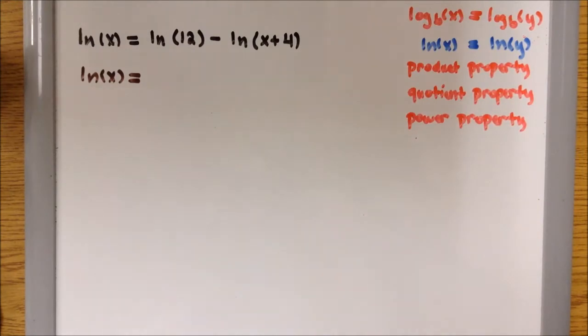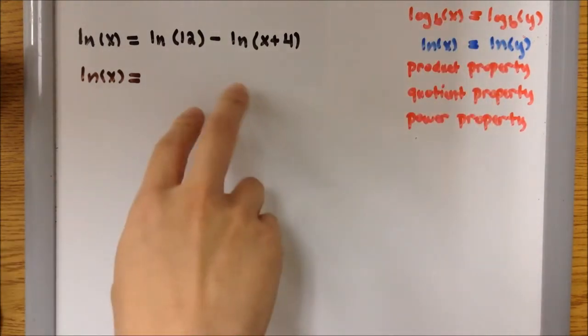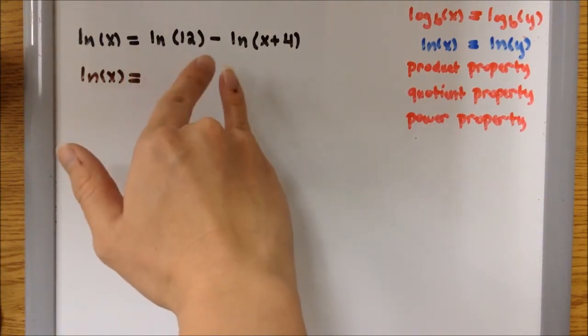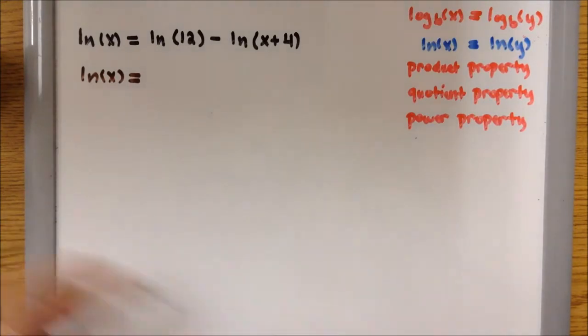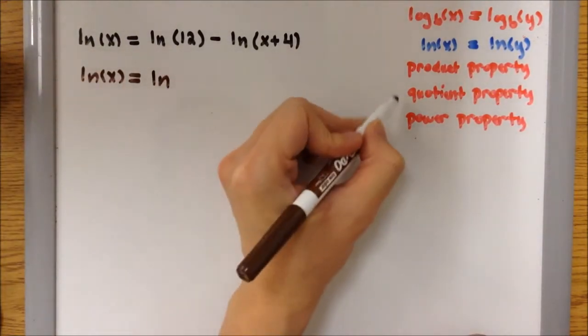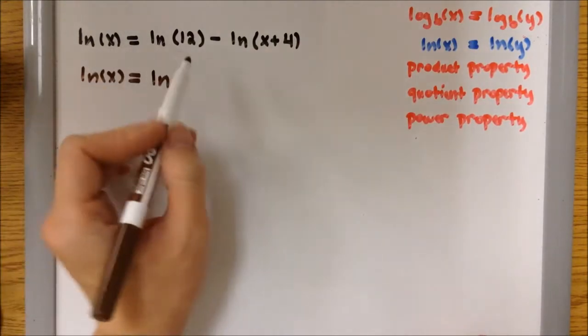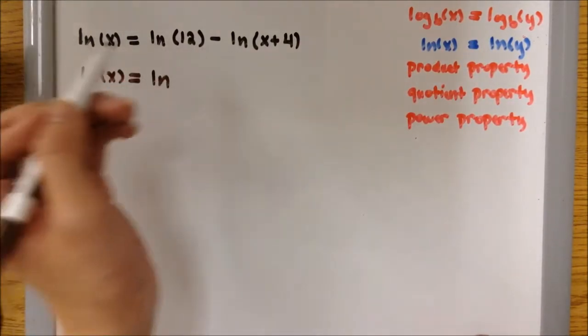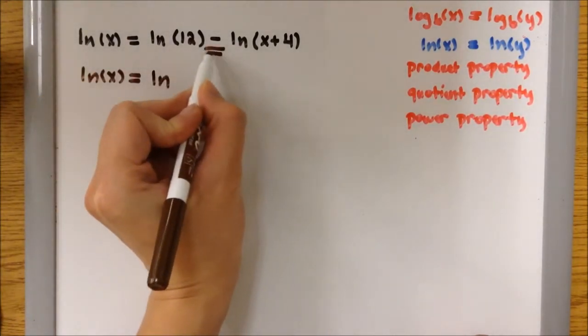So again, before we apply the one-to-one property, we have to make sure we have one log on the right side. In order to combine as a single natural log, I have to apply one of these properties. Looking at the example, between the natural logs here, it's a minus.